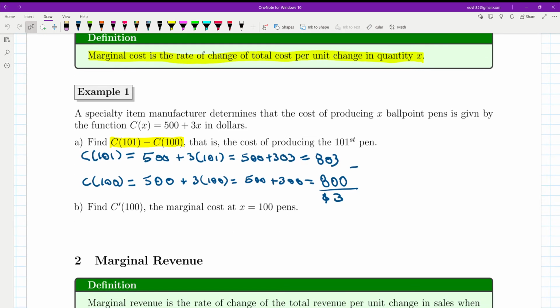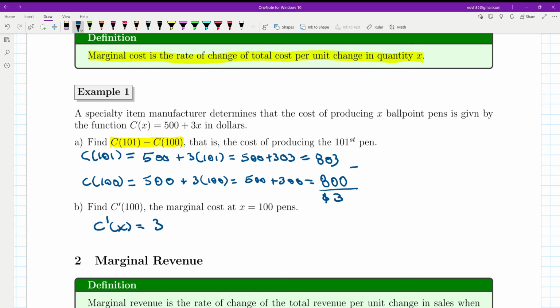Let's do this same operation using calculus this time. So C prime of x: take the derivative of 500, which is 0, and the derivative of 3x, which is just 3. Notice that we get the exact same result as if we did it without any calculus.